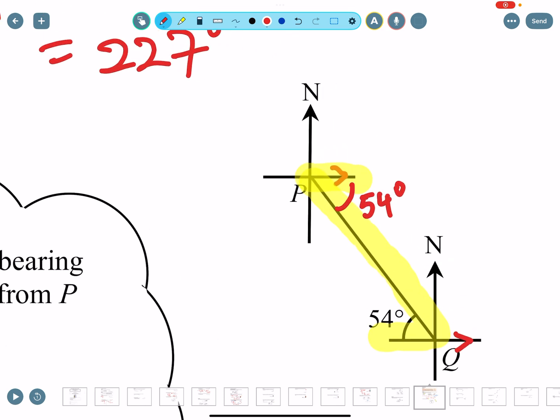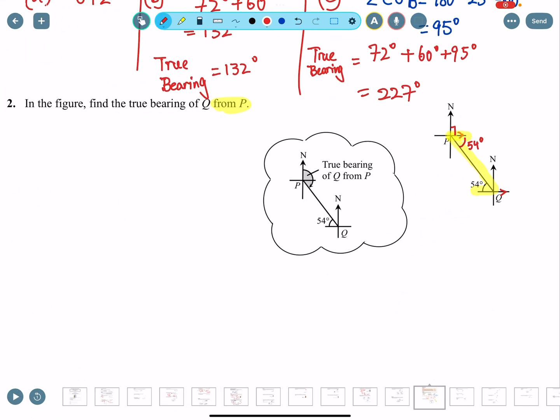Therefore, in order to get from here to here, luckily for us, each quadrant is 90 degrees. Each quadrant is 90. It's 360 divided by 4, so that's 90. Therefore, the true bearing is going to be 90 degrees plus 54, which is 144 degrees.